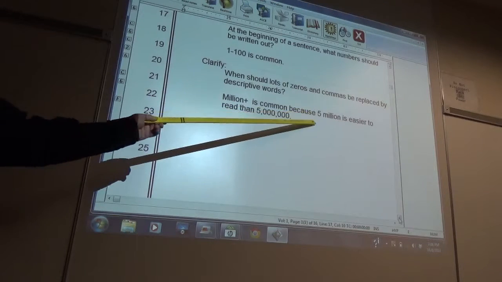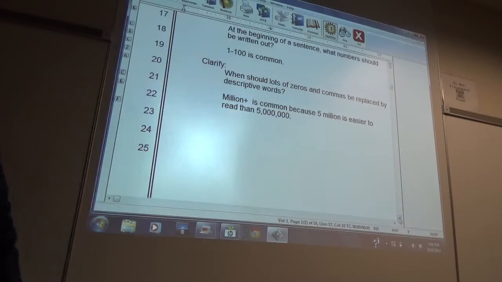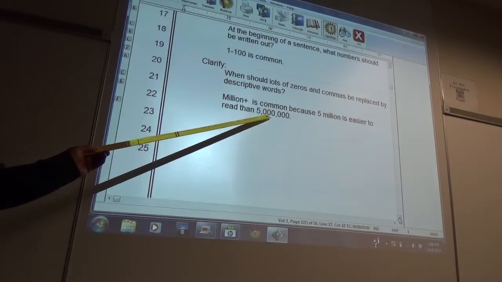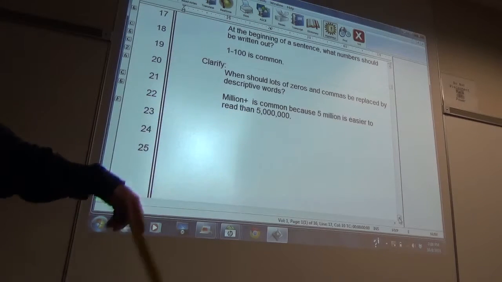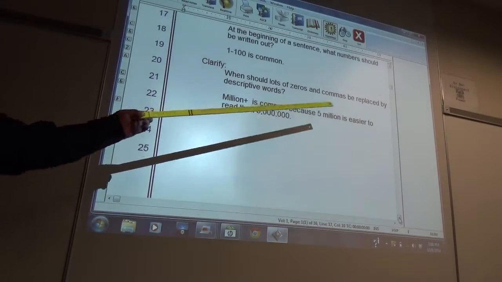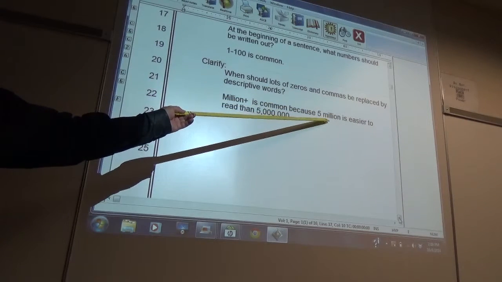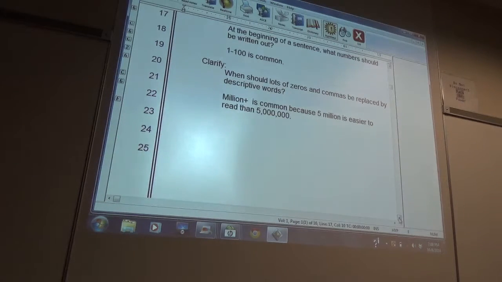Then you don't want it that way. You want it written out here. But it's easier to read when they're just talking about 5 million. Rounded numbers. Good rounded numbers. Okay?